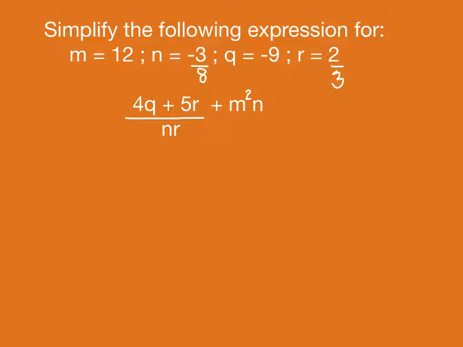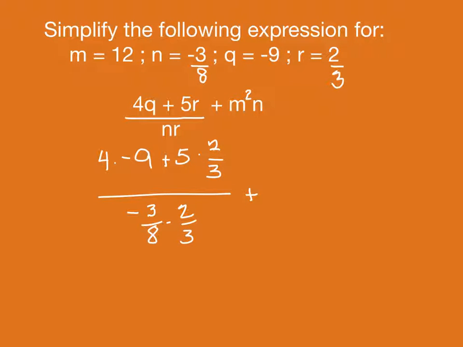So the first thing we have is 4 times -9 plus 5 times 2/3 divided by -3/8 times 2/3 plus 12 squared times -3/8.